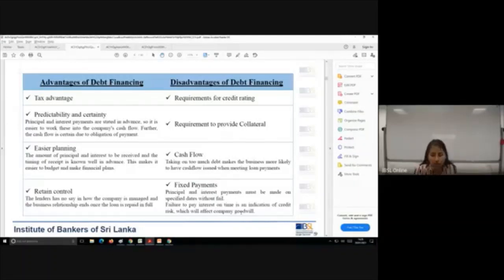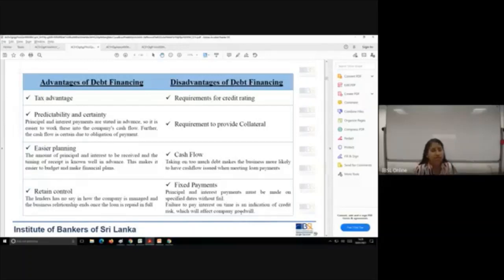If you fail to pay not only the principal, but if you even fail to pay the interest on the correct date, that means it's a credit risk. It can be even due to a technical fault that you didn't pay out, or someone forgot to write the letters, there is a technical issue and your interest didn't go out, but the market is going to read it as this company has some cash flow issue.